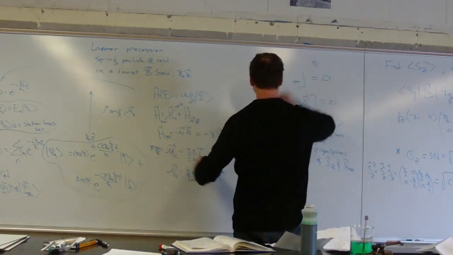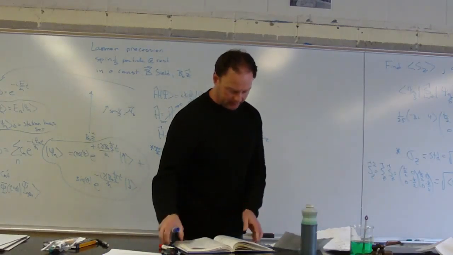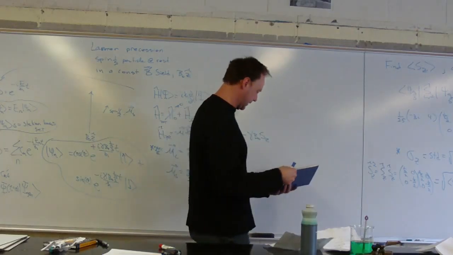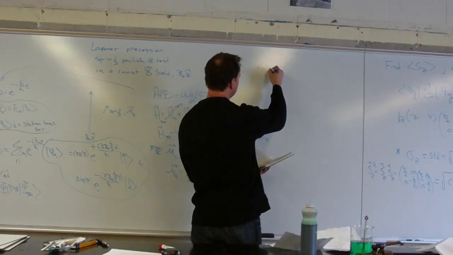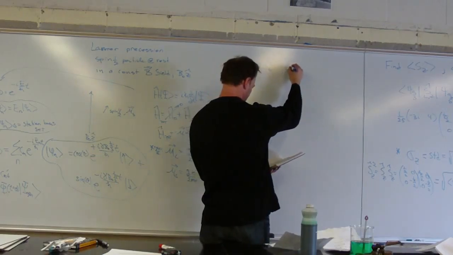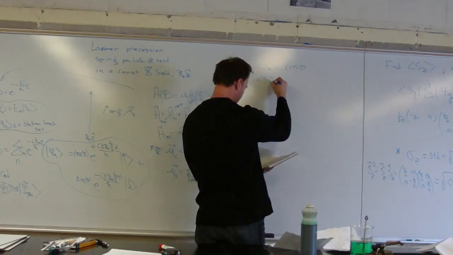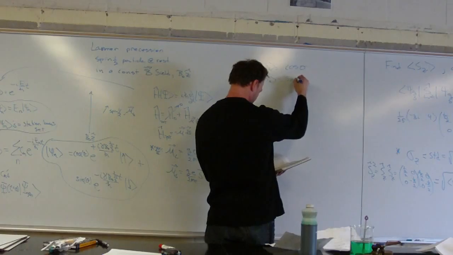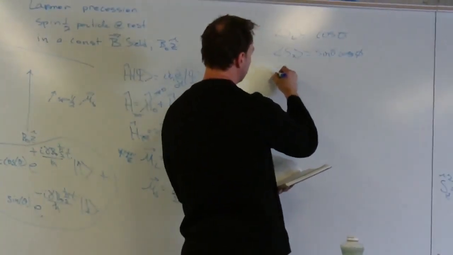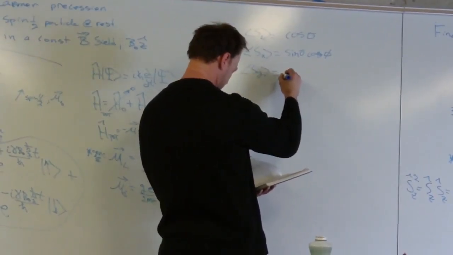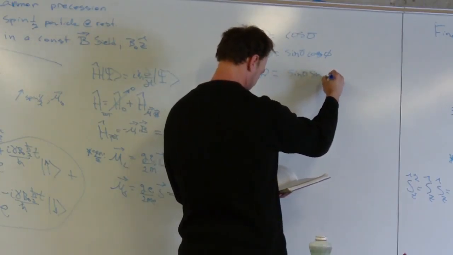so this is where, forget my alpha here, or my theta there, but here's the conclusion: when he calculates the expectation values, he finds the expectation value of Sz equals cosine theta. He computes the expectation value of Sx, and that equals sine theta cosine phi, and of Sy equals sine theta sine phi.